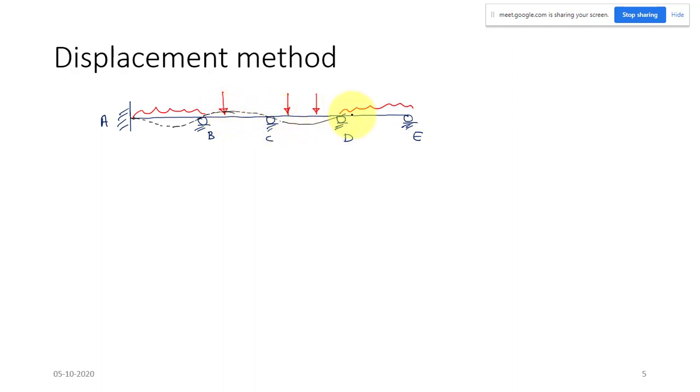Anyway, the load we also don't know, so it is an arbitrary shape. Okay, this is the deformed shape. I will write arbitrary deformed shape.